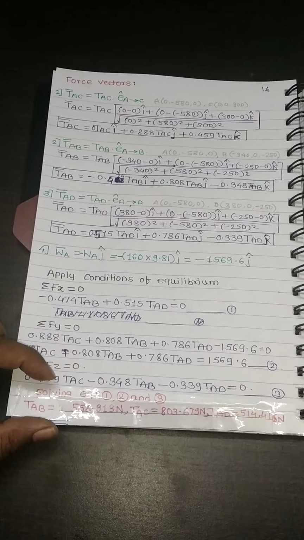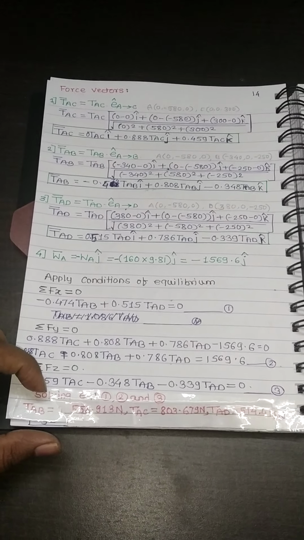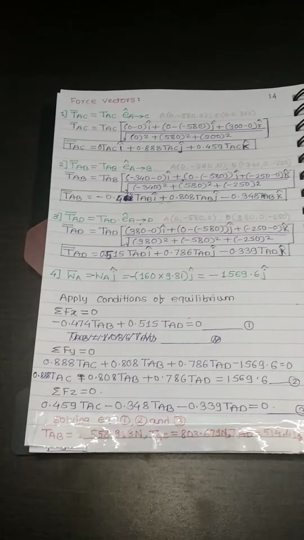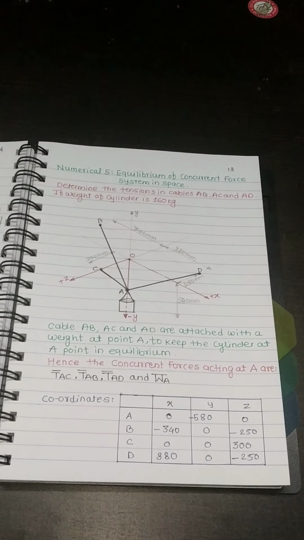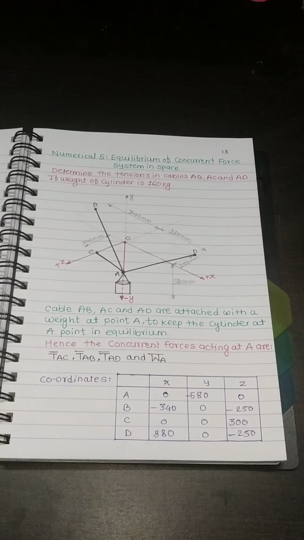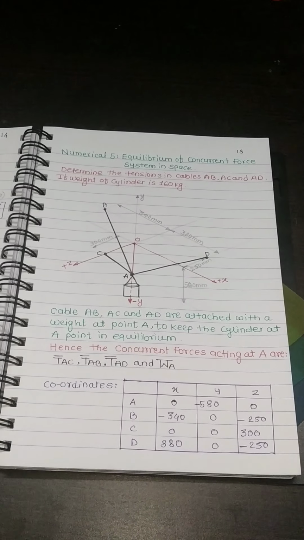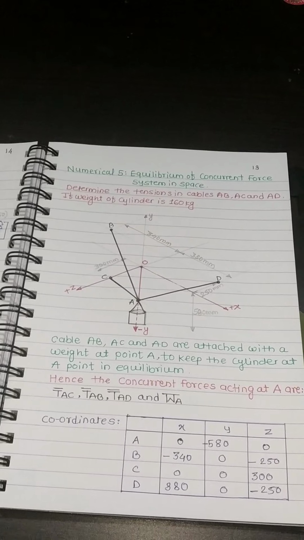With this, I have found the magnitude of the tension force in each cable segment. I hope you understand how to apply the concept of equilibrium of a concurrent force system for the numerical and to find the unknown terms which are asked. Thank you.